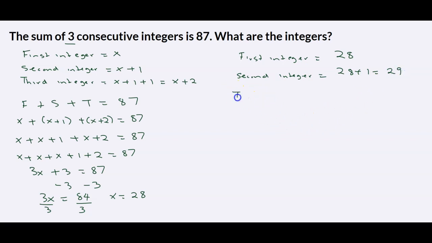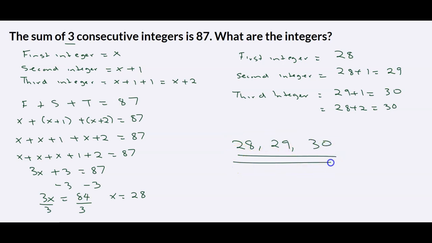And then the third integer is 29 plus 1, which is 30, or you can say 28 plus 2, which is 30. So therefore your integers are 28, 29, and 30.